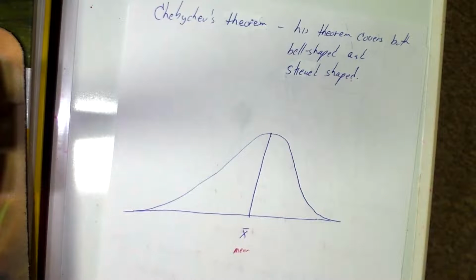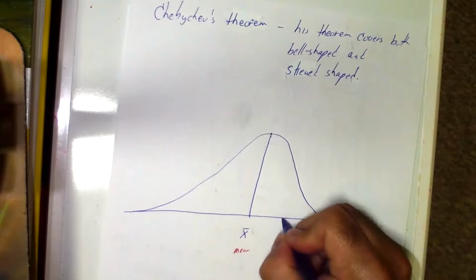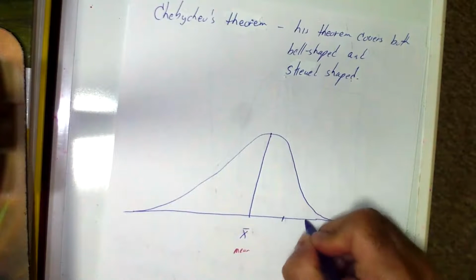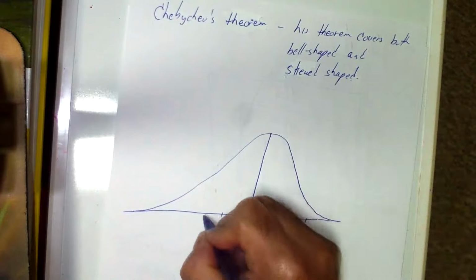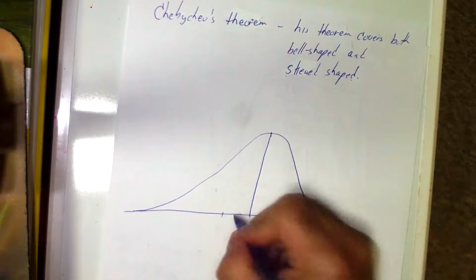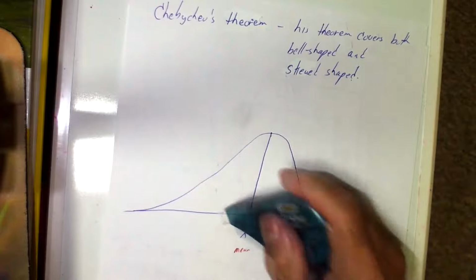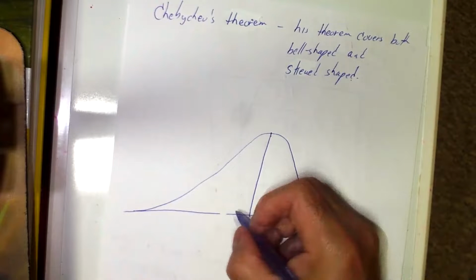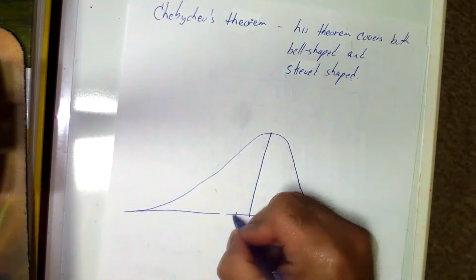However, when you mark off the marks on the left and the right, he does not believe that there exists one standard deviation from the mean. He doesn't believe that exists. So he removed it.